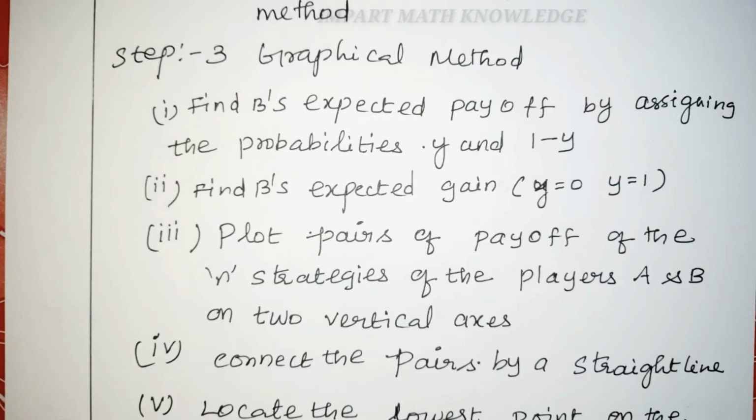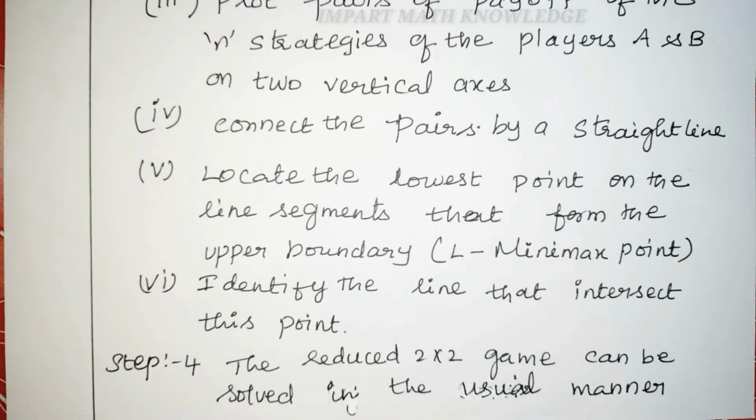Now draw two vertical axes. After that, plot pairs of payoffs of the n strategies of player A and B on the two vertical axes. Connect the points by a straight line. Now locate the lowest point on the line segments that forms the upper boundary.